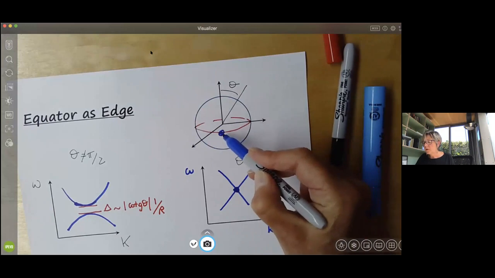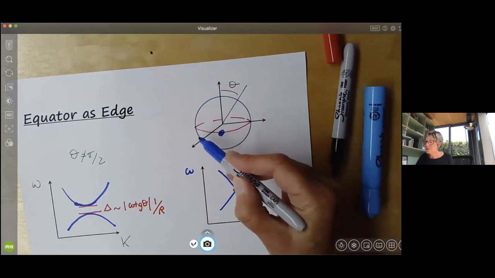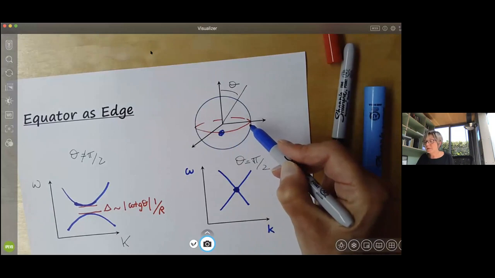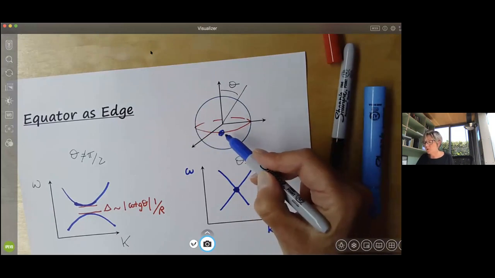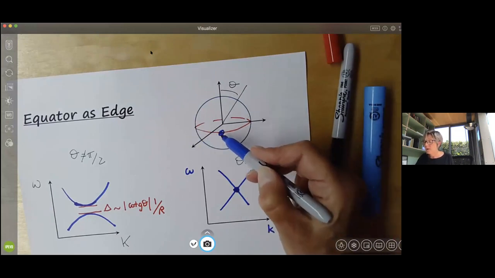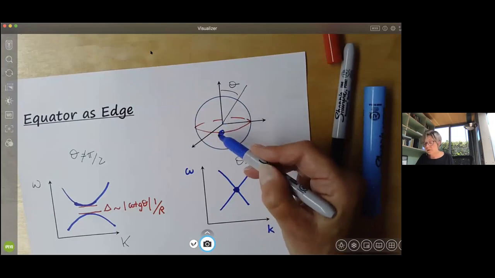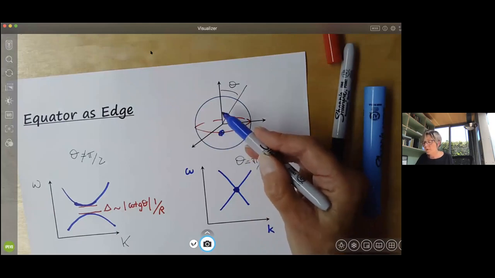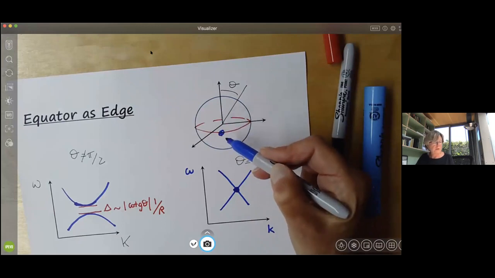It cannot turn around, because time reversal symmetry is broken, so it's not allowed to travel in the other direction. It cannot scatter into the bulk because sound waves cannot propagate into the bulk, which here is either the northern or the southern hemisphere.